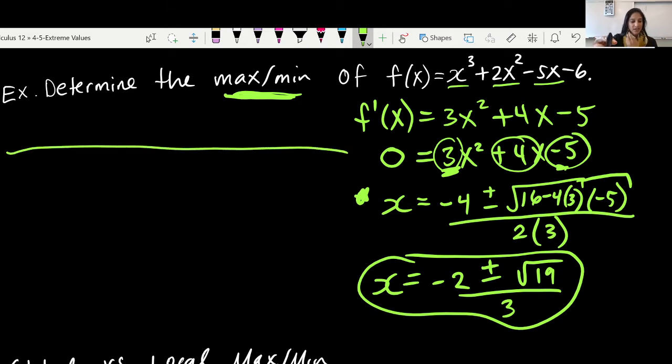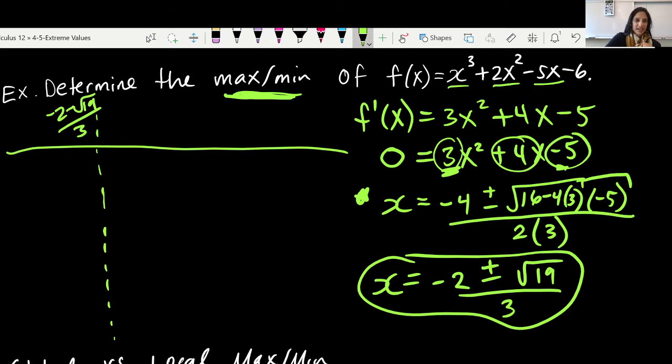You don't actually physically have to do this and graph it out, but I'll show you so that it's super clear where this is all coming from. So I would take this and say, okay, if I have my negative 2 minus root 19 over 3, that's this dotted line here, I would want to test something to the left of that point.